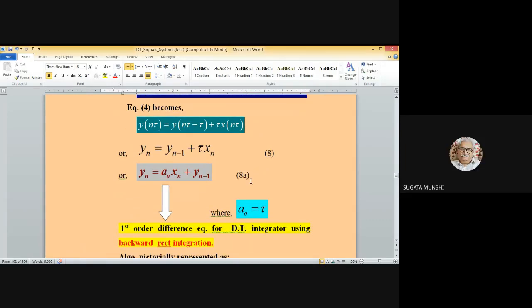I call it the backward rectangular integration. And the other in a rectangular integrator will be called the forward rectangular integration.